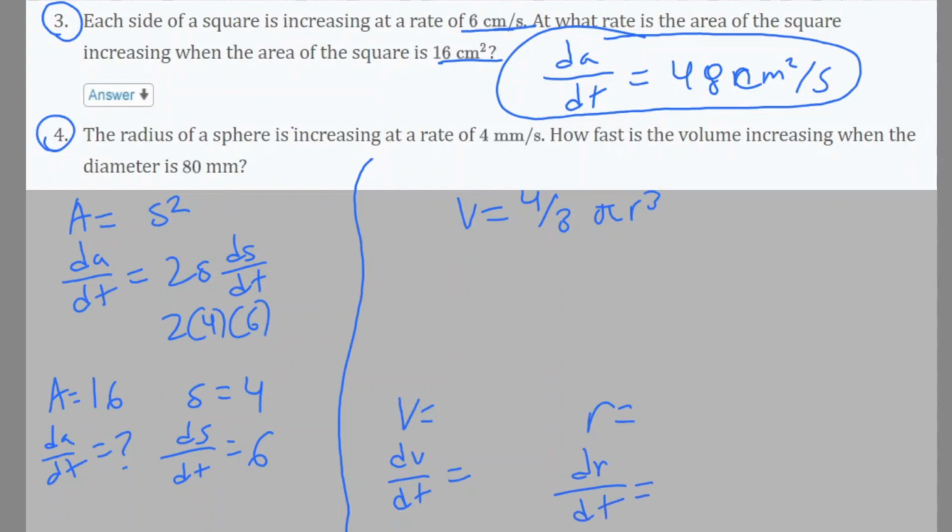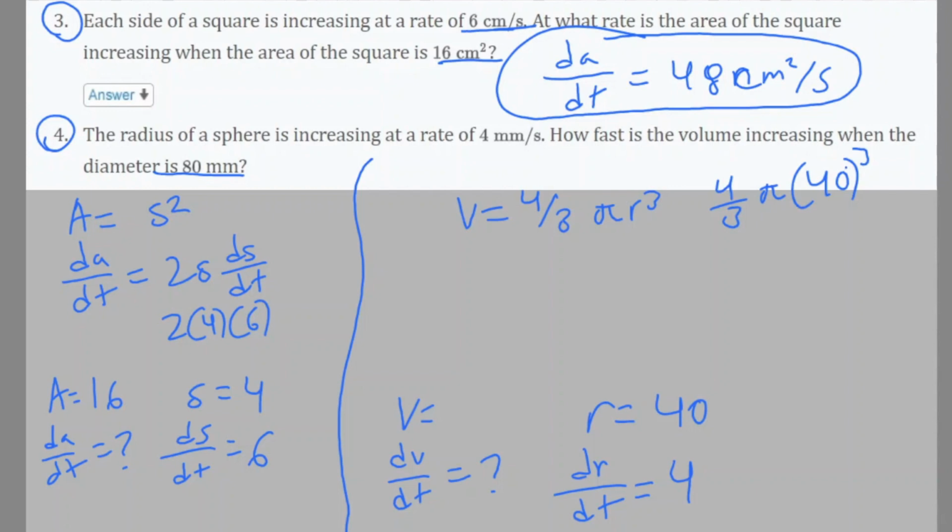So are we given the volume here? How fast is the volume increasing when the diameter is 80? So if the diameter is 80, we know that the radius is 40 millimeters. And the radius of the sphere is increasing at 4, so we know dr/dt is 4. So let's actually find the volume here, and dV/dt is what we don't know. That's what we want to figure out. If we plug in 40, we're going to have 4/3 pi times 40 to the third power.